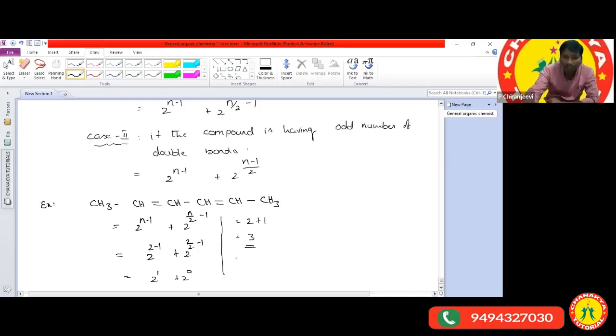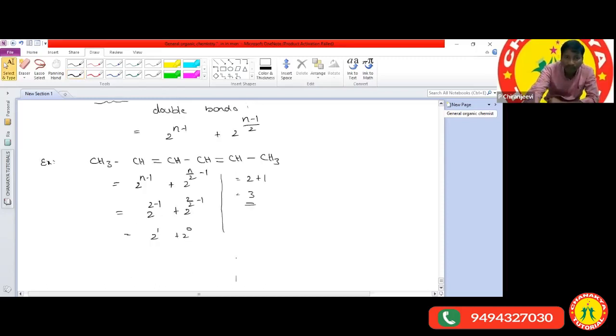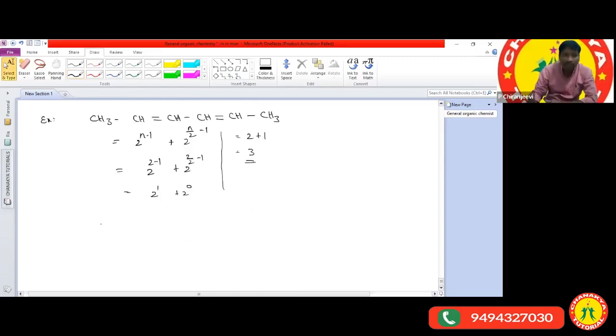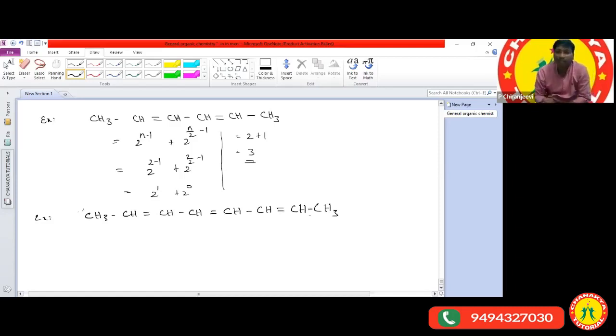Okay, and I'll give one more example. What is another example here? For example, CH3, CH double bond, CH, CH double bond, CH, CH double bond, CH, CH3.